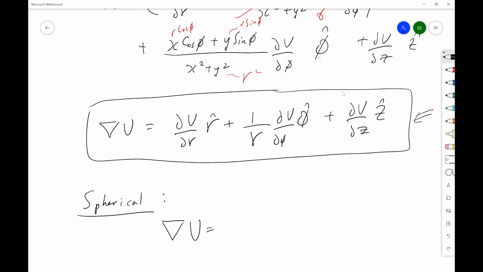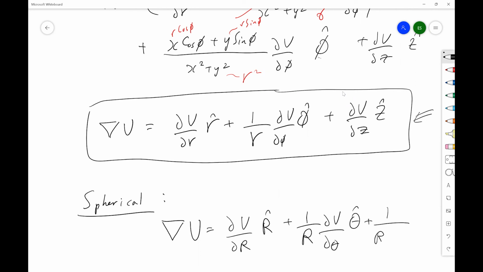Remember, the gradient has physical meaning, but how you calculate it in spherical coordinates is as follows: du over dr, r hat, plus 1 over r du over d theta, theta hat, this is similar to cylindrical coordinates. And then finally, the phi component is 1 over r sine theta du over d phi, phi hat.